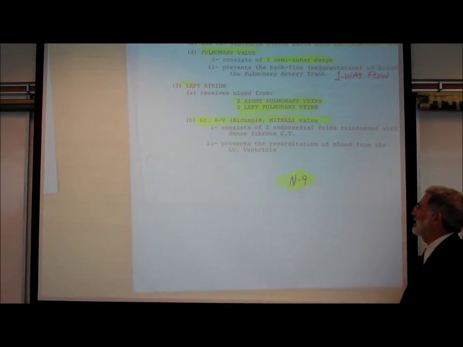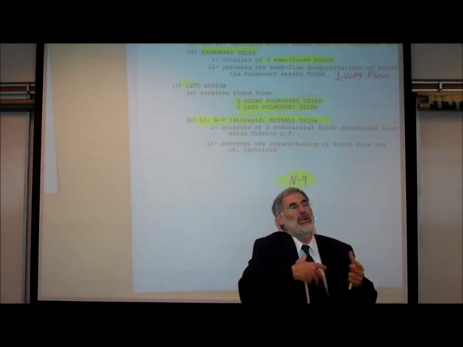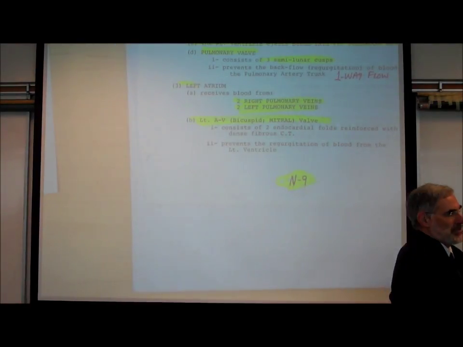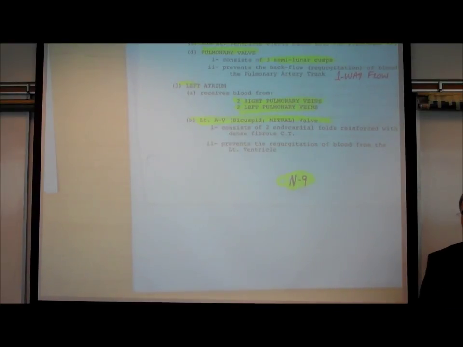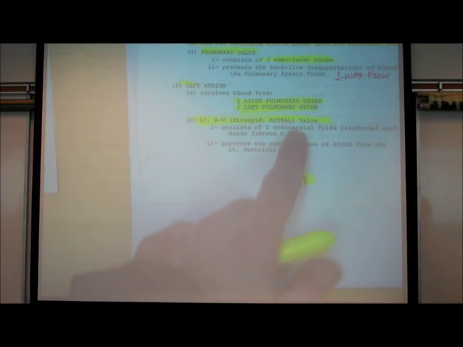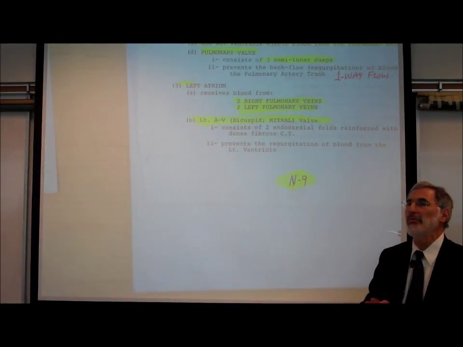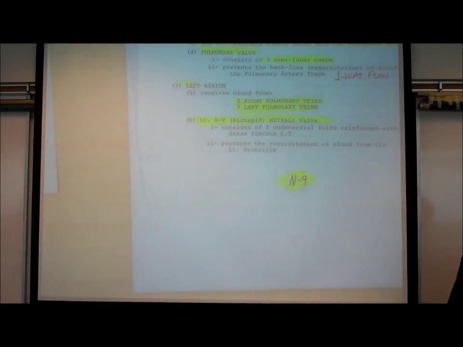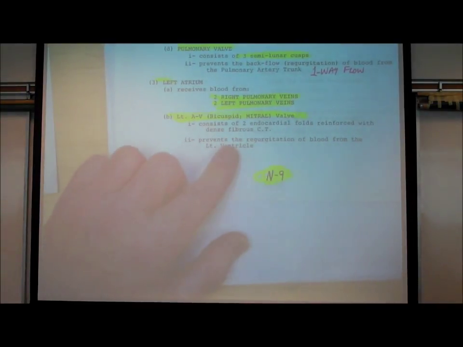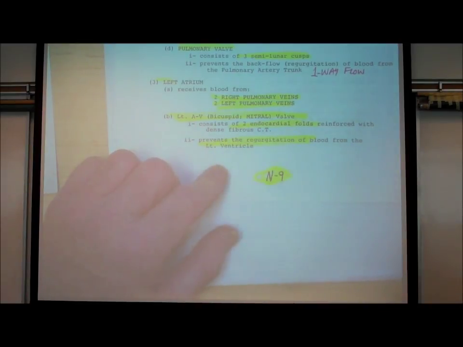Again, anatomists tend to call it bicuspid because they're describing what it looks like, and it's got 2 cusps. The physiologists like the term left atrioventricular because it's between the left atrium and left ventricle, left AV valve. And the doctors call it the mitral valve for no reason whatsoever. There's no reason, but that's the term they like. So it's made up of 2 folds, 2 flaps, and again, it prevents regurgitation. In other words, it ensures one-way flow.